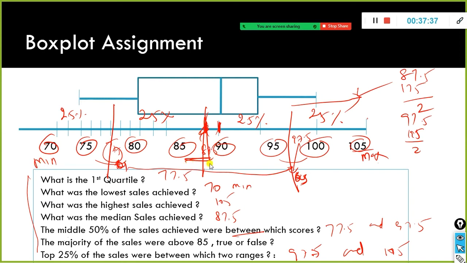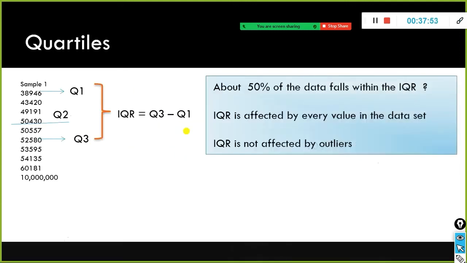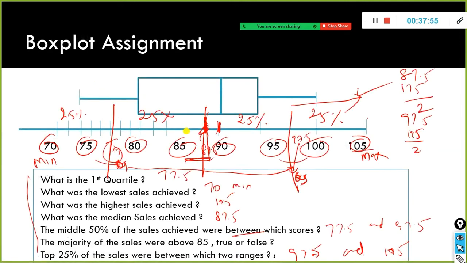Or listen, your score is 87.5, and you are falling in the 50th percentile. That means 50% of students in your class have a mark of 87.5 or less. Now you are able to tell the range, in which location which values are falling.